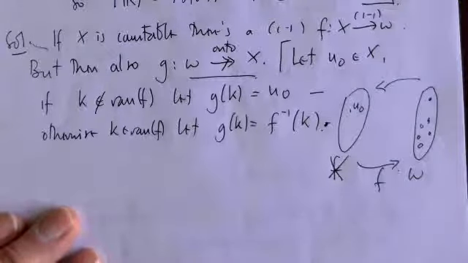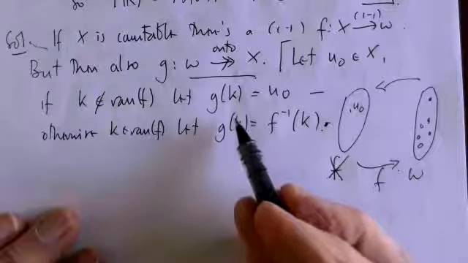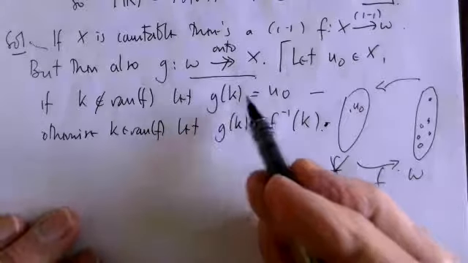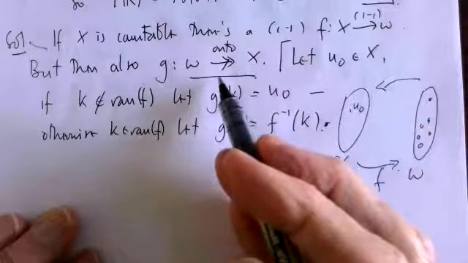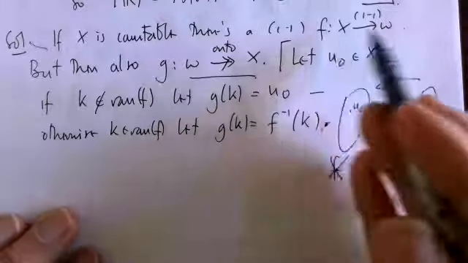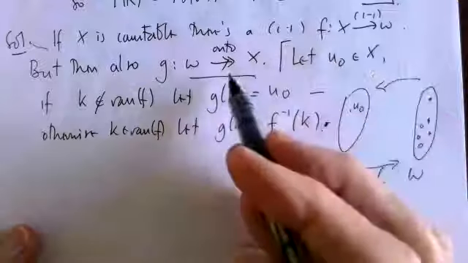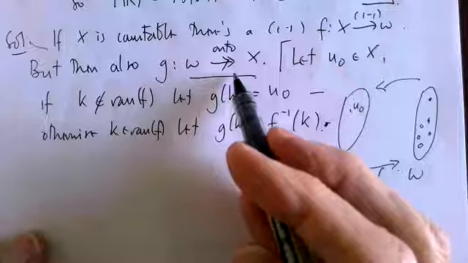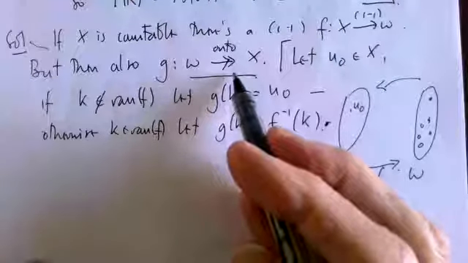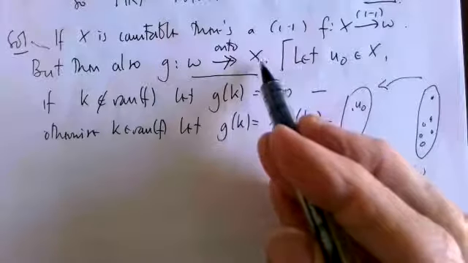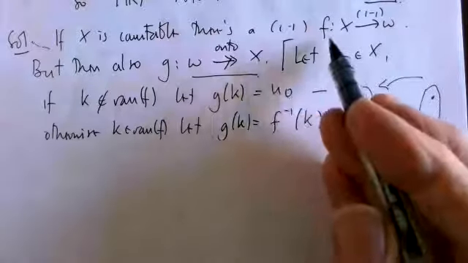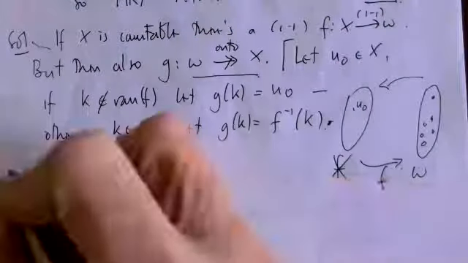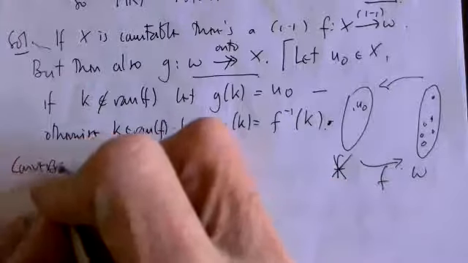Being countable, I can also say that this is an if and only if. Having a 1-to-1 map into omega, we just saw we've got a map G from omega onto X. But conversely, if I've got a map G from omega onto X, that will also give me a map F from X into omega which is 1-to-1, which will show X is countable.